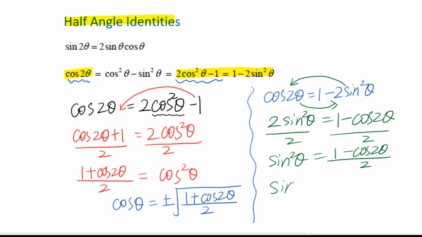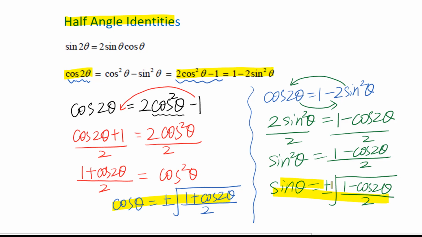Then sine theta equals plus or minus square root 1 minus cosine 2 theta over 2. We call these two formulas half-angle identities.